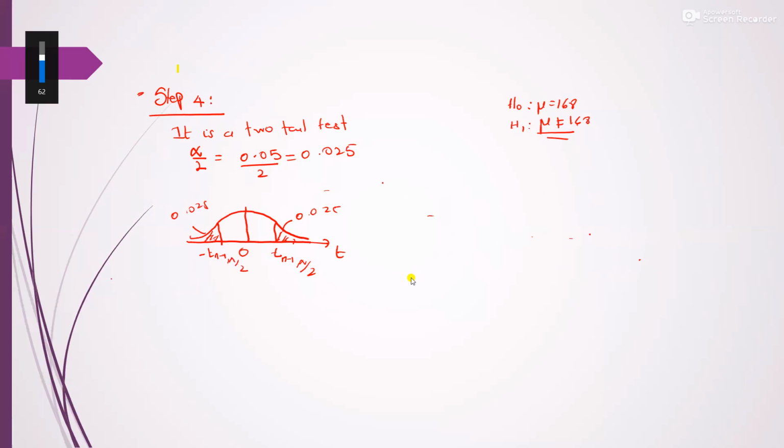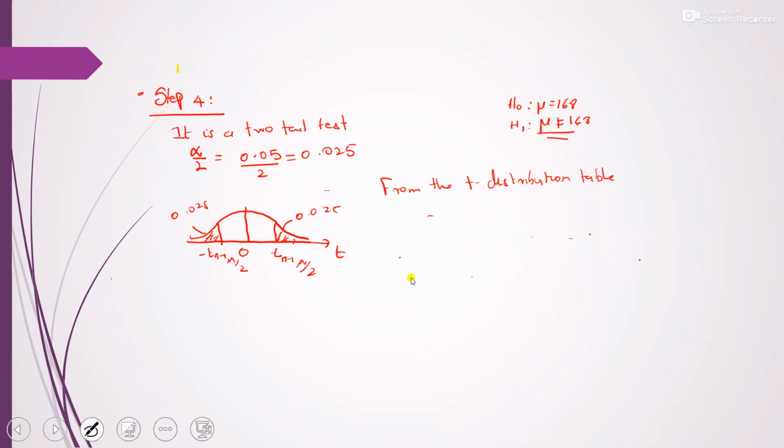So from the T distribution table, t n minus 1 comma alpha by 2 is equal to t. What is the n value? It is 25. So that is 24 comma alpha by 2, 0.025.